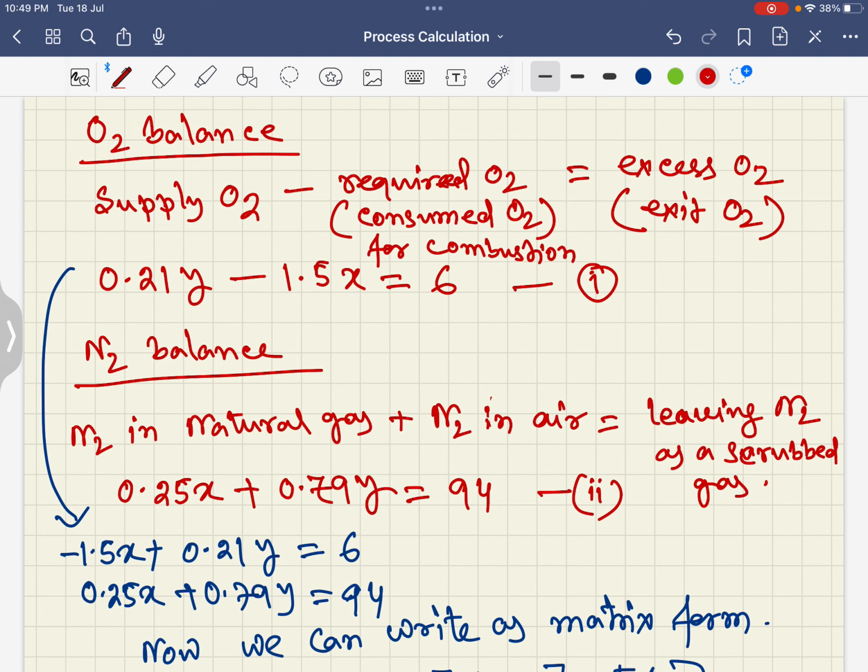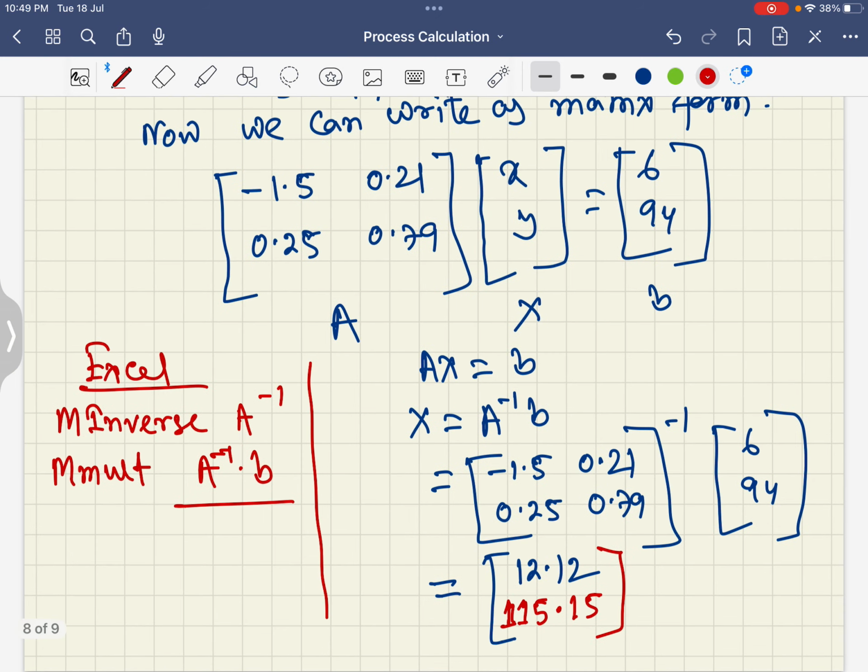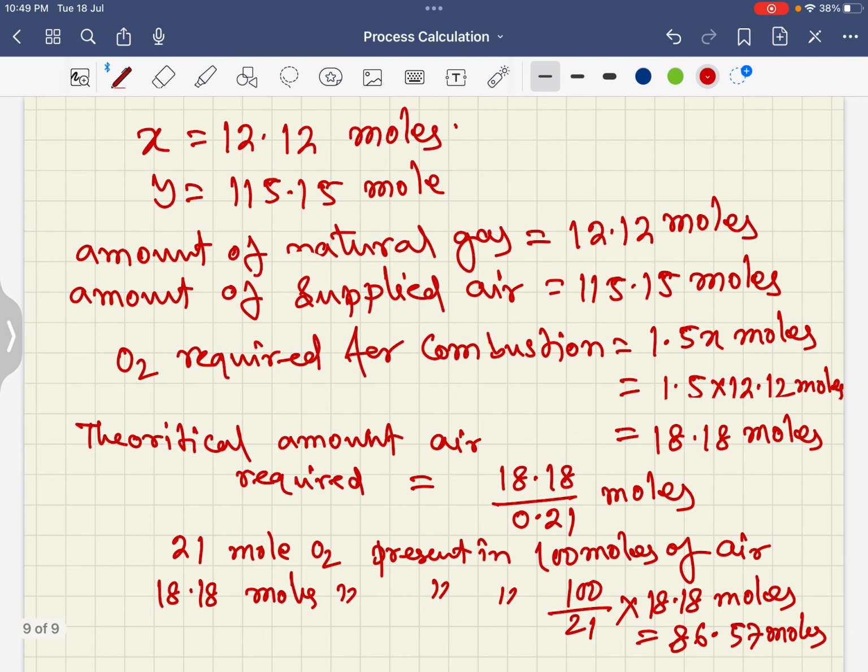If you reorganize equation 1, we get minus 1.5x plus 0.21y is equal to 6, and 0.25x plus 0.791y is equal to 94. Now we can write it in matrix form. If I solve in Excel, we can use MINVERSE and MMULT, and we get 12.12 and 115.15. So x is equal to 12.12 moles of natural gas, and y is equal to 115.15 moles, the amount of supply air.